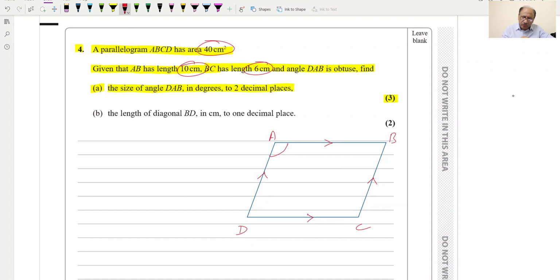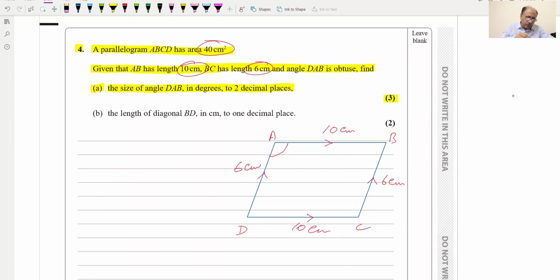So the measurements are 10 centimeters and 6 centimeters. This is 6 centimeters, this will also be 6 centimeters, and this will be 10 centimeters. These are the measurements provided, and we can find the obtuse angle.